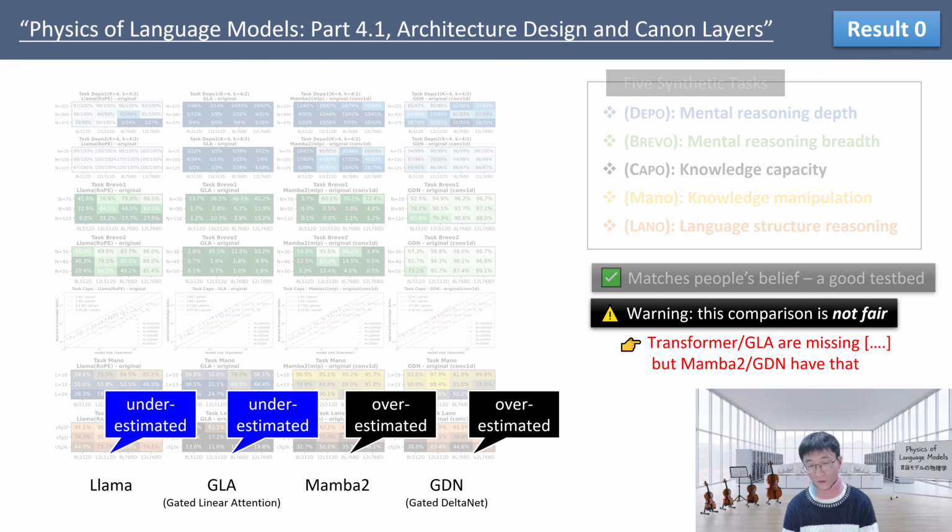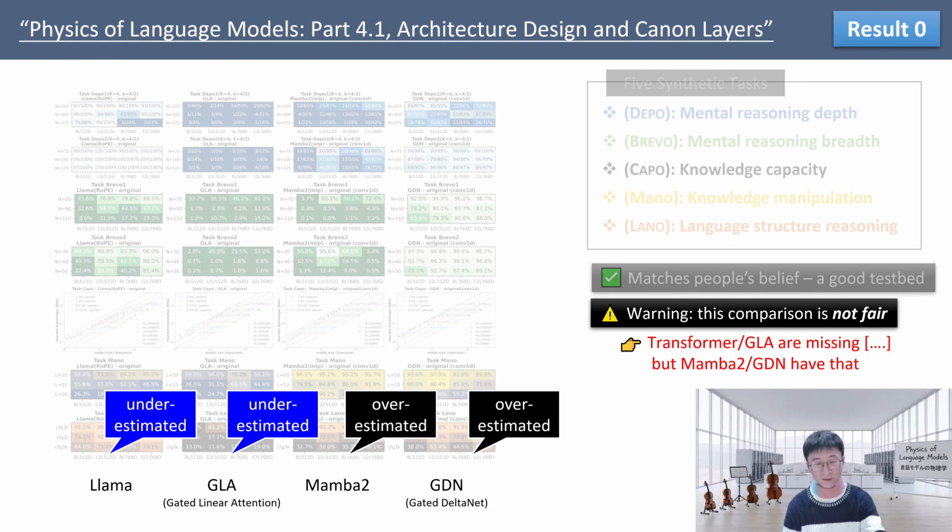In the next talk, which will be online tomorrow, I'm going to show you what this component is, and after adding that component to all of the models in a very fair manner, you are going to see a more informative comparison across the architecture designs.